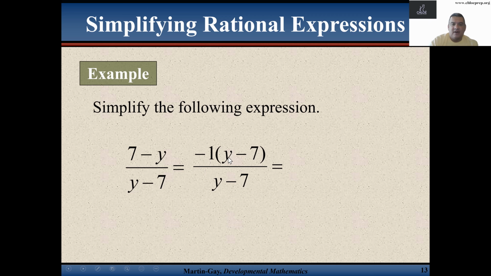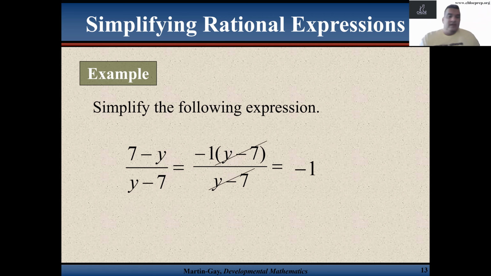So now we match them up. Sometimes, as a trick, we can factor out the -1 to get things in the order that we want them, or to get the signs to match. Keep in mind, we only did it to the top half, and that's fine. We can do that. And now those cancel out, and we just have -1.